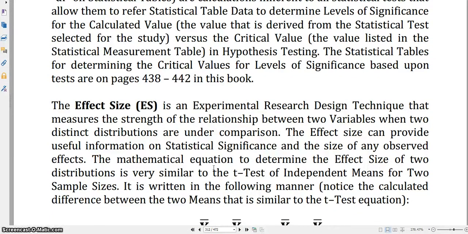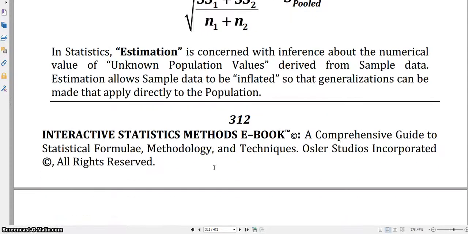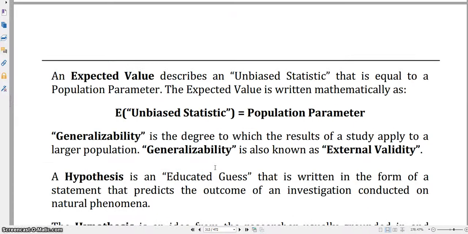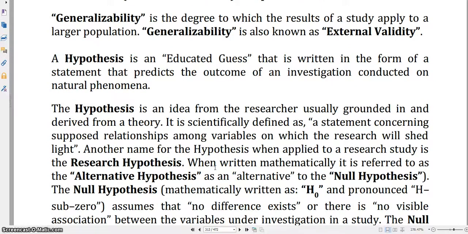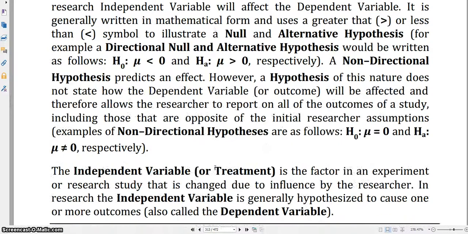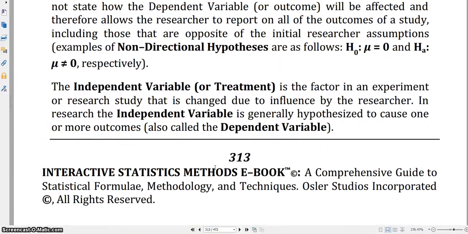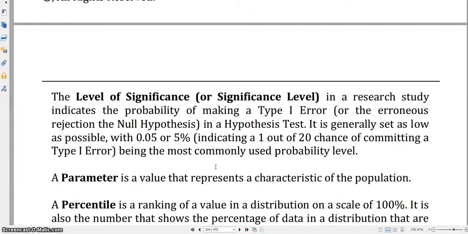Your effect size, in your experimental research design, measures the strength of the relationship between variables. How do you go about putting that together? Estimation, expected variables, the ability to generalize back to that population, external validity. We know, of course, our hypothesis, which we talked about at the beginning of the book, our educated guess, and what the types are: the research versus the alternative hypothesis. What that looks like mathematically when we have a directional, greater than, less than.